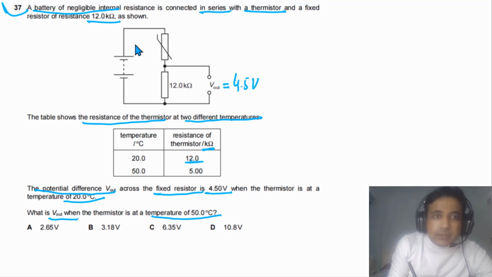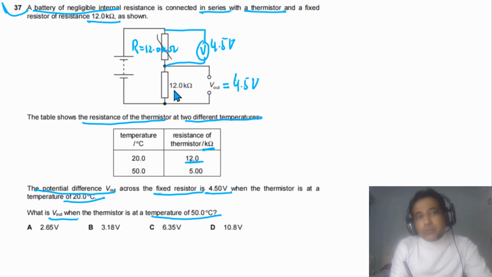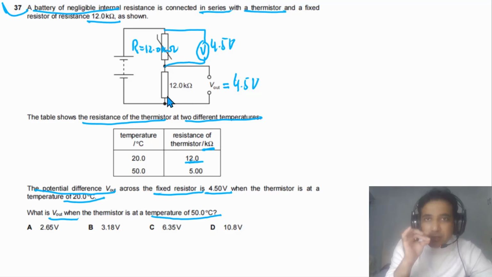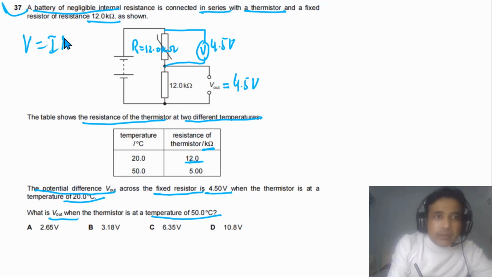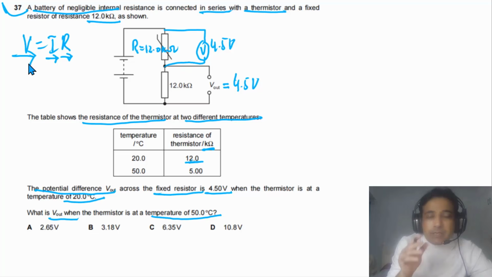If resistance of this one is also equal to 12.0 kilo ohms, it also means that PD across this one also has to be equal to 4.5 volts, because these are two identical resistors and they are connected in series. They have the same resistance, so they have the same current, so the PD also has to be the same. So V is equal to IR. If R is the same, I is the same in series, so V also has to be the same. So this is a smart way to answer this question.